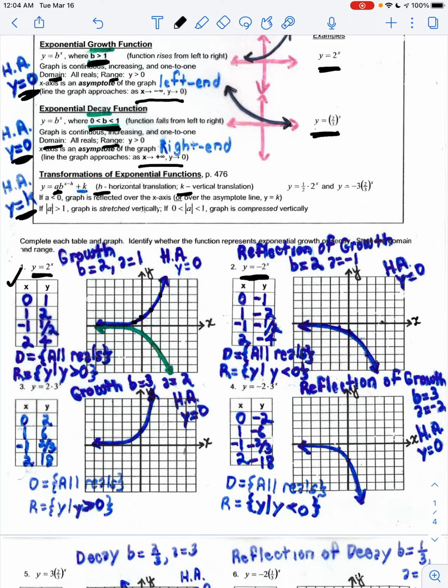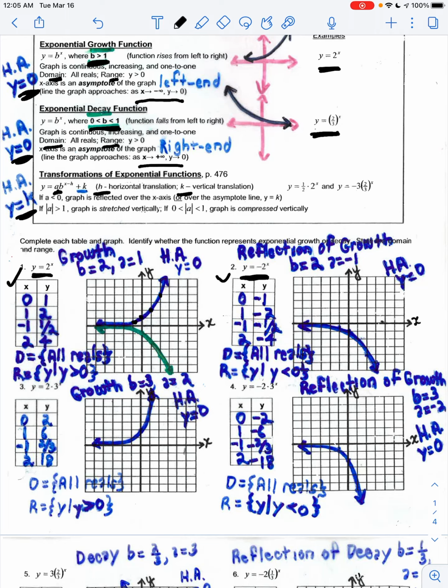The horizontal asymptote is still y equals 0, and the domain is all reals, but y, the range, is less than 0. And you just plug in, and it gives you the opposite of the values you had in number 1, and you can see the reflection. If I graph number 2 on the same coordinate plane as 1, you get the graph in green. So you see that reflection.